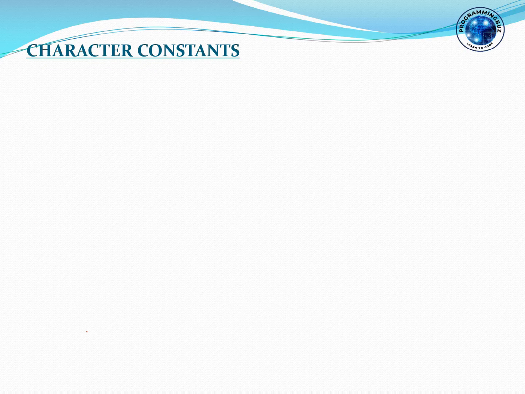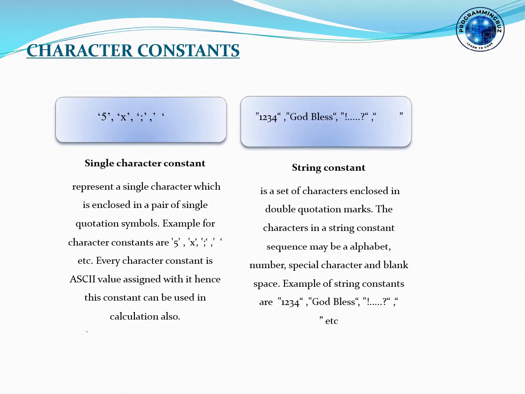We'll see the next type of constant, which is a character constant. The character constants are divided into two types: a single character constant and a string constant. The single character constant represents a single character enclosed in a pair of single quotation marks.